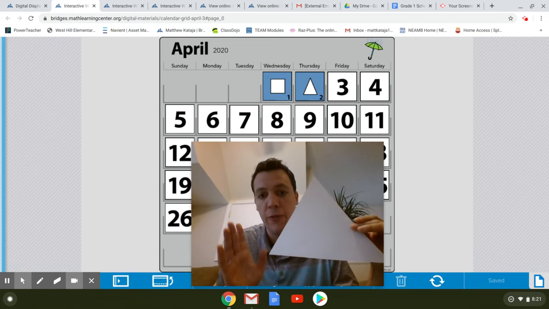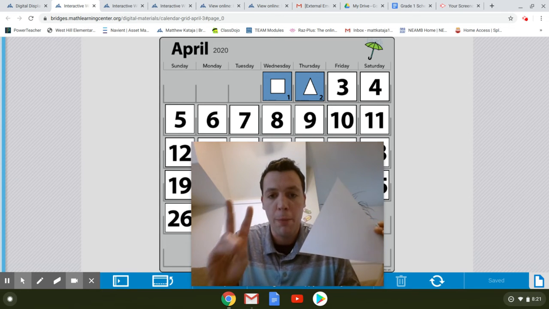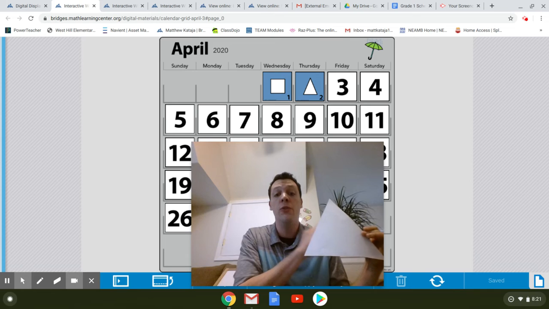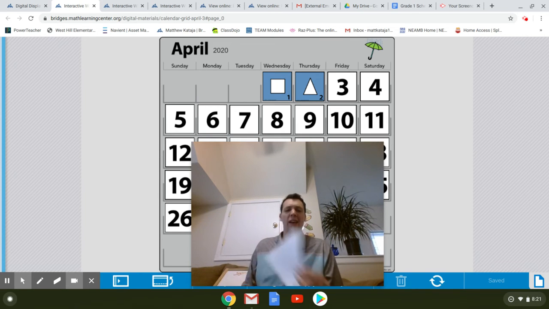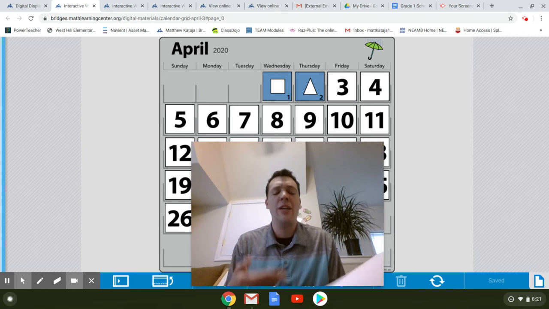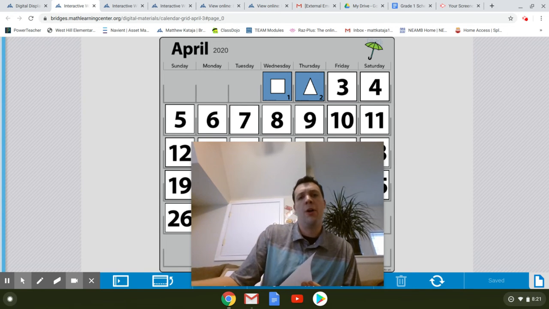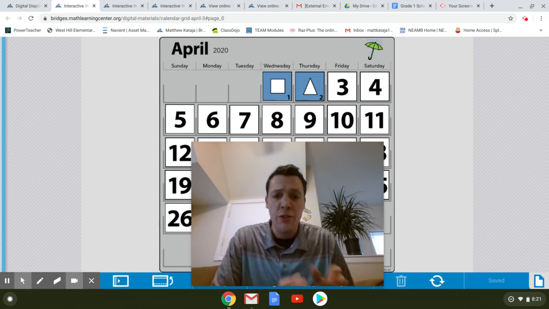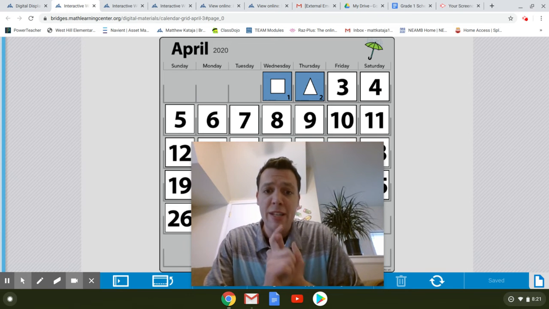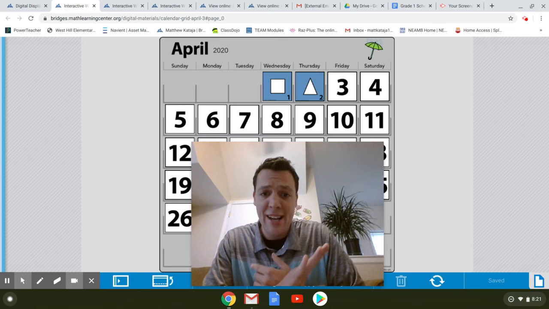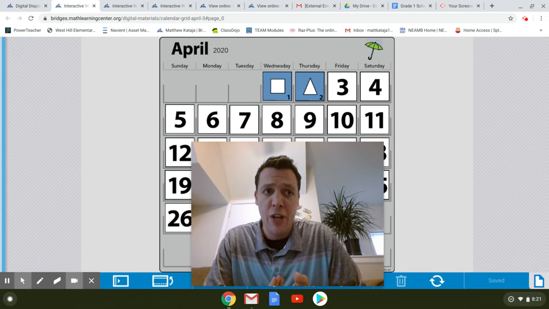Is there a way we can fold this into 2 equal parts, meaning we can fold it into half? 2 congruent parts, I should say. And you know what? Instead of just doing it, I'll let you think about it, and then I'll show you tomorrow. Because I really want to try to keep these short and sweet. Remember, congruent means equal shapes, same exact size shapes. We use that word in geometry.